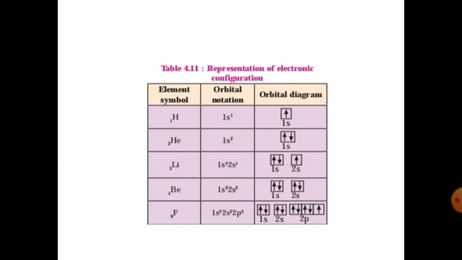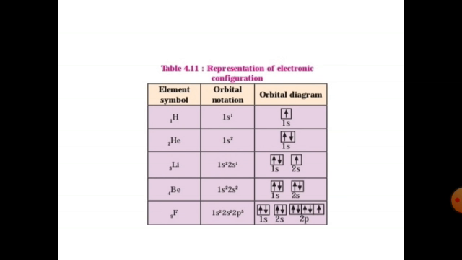See, we will first see the representation of the electronic configuration of hydrogen. Hydrogen having atomic number 1, its orbital notation is 1s1. So in one block, one degenerate orbital, you have to draw only one electron with upward direction.